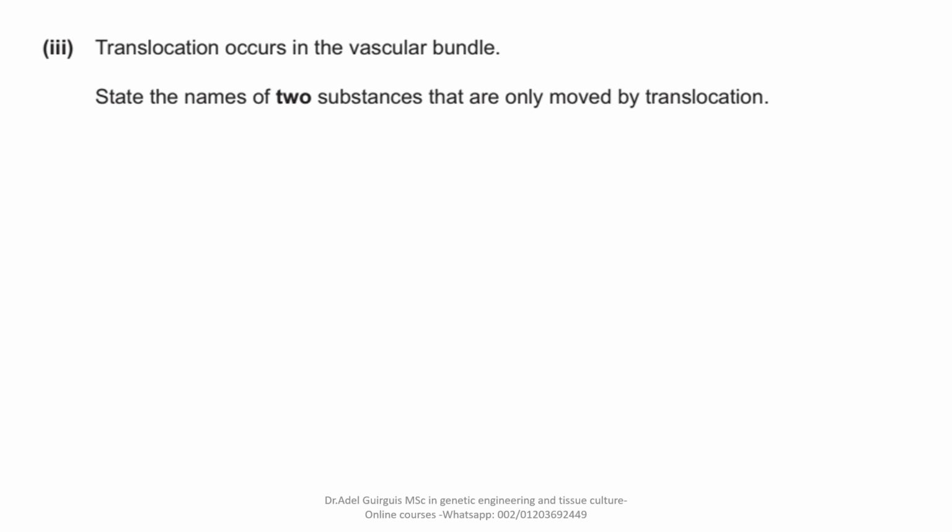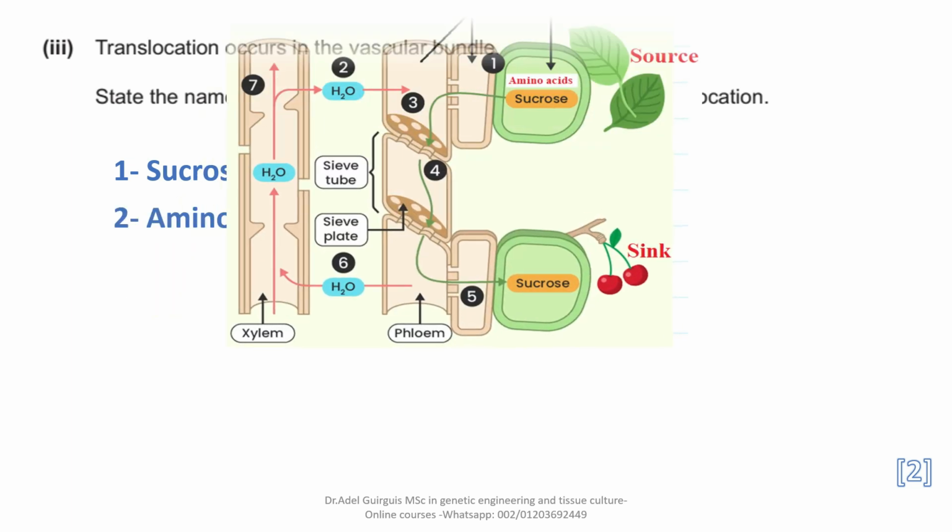Translocation means assimilates or products of photosynthesis like sucrose, and also later on the plant leaf cells make certain important material called amino acids, which are translocated to another part of the plant where they are needed or stored. For 2 marks: sucrose and amino acids.